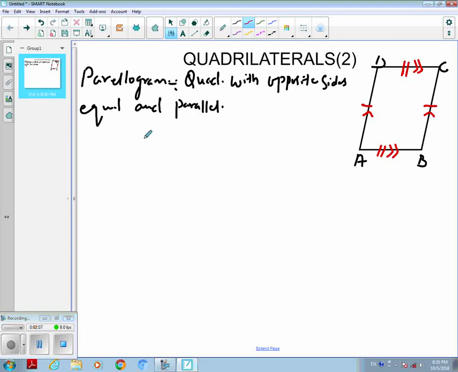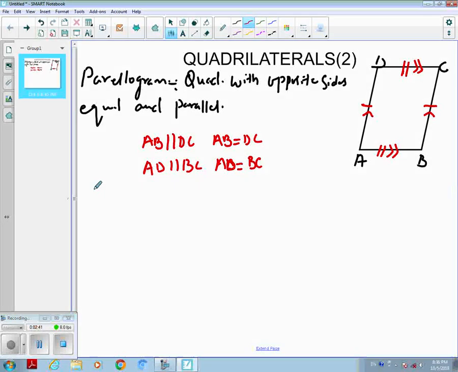So we can write this as: AB is parallel to DC and AB is equal to DC, and AD is parallel to BC and AD is equal to BC. So this is the parallelogram.